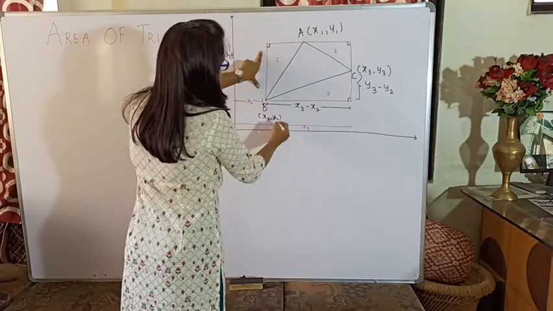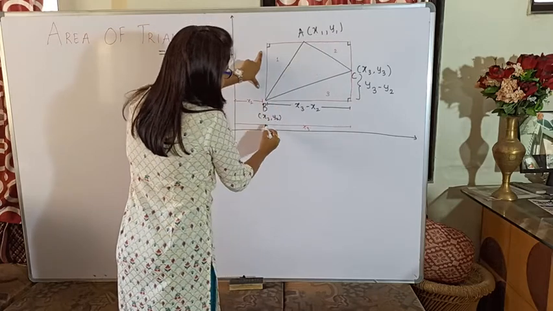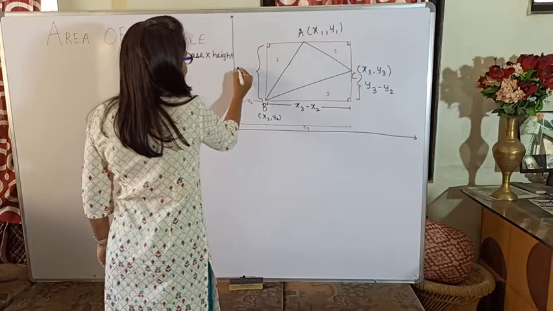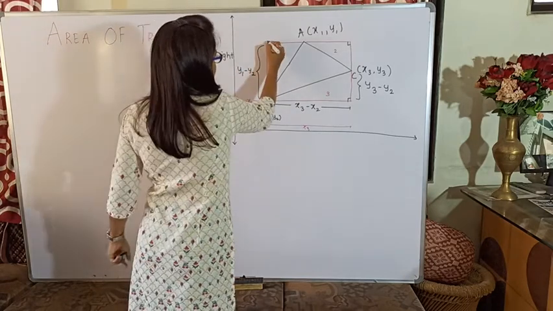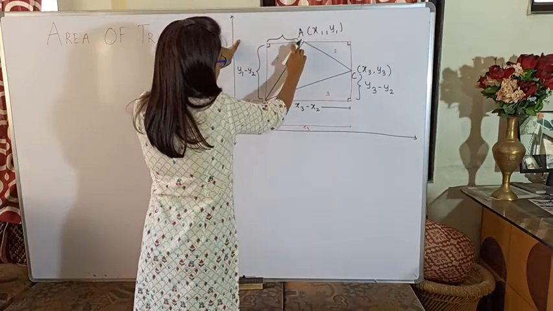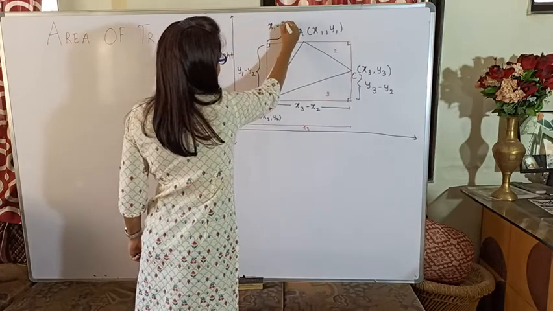From the x-axis, this is y1, whereas this length is y2. So this length will be y1 minus y2. What about this length? This total distance is x1, whereas this distance is x2. So it will be x1 minus x2.